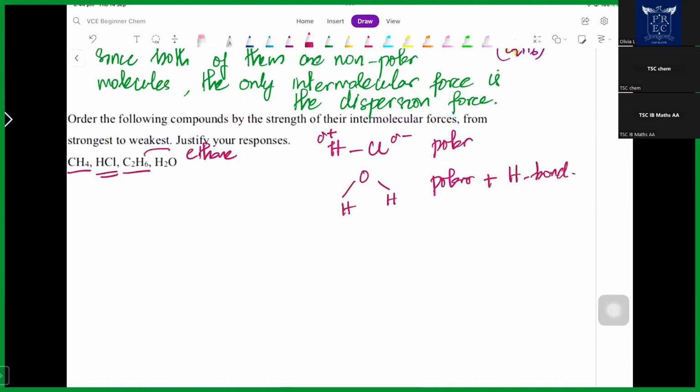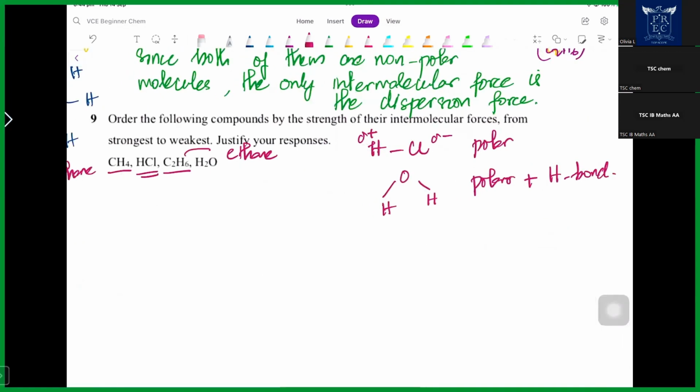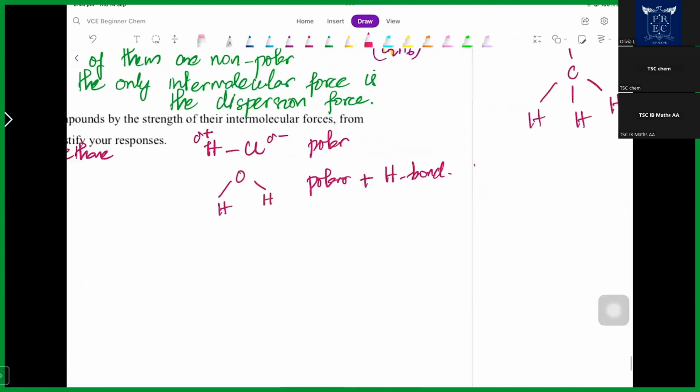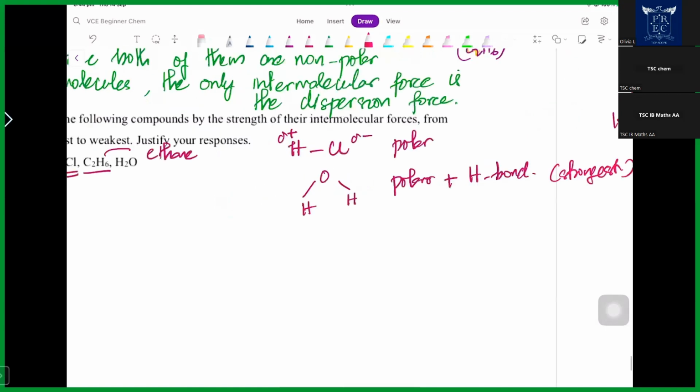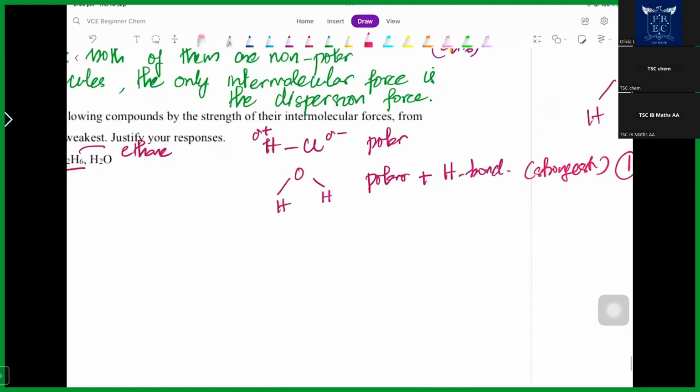Which one do you think is going to be the strongest out of the four? Hydrogen bond will be the strongest, right? So this is going to be number one. The next one, compared to non-polar and polar, polar will be stronger. So HCl will be number two.